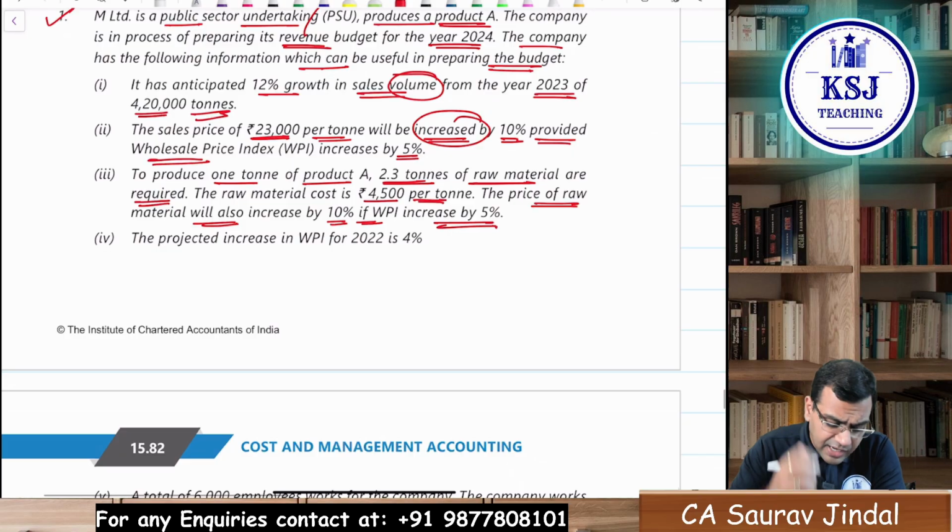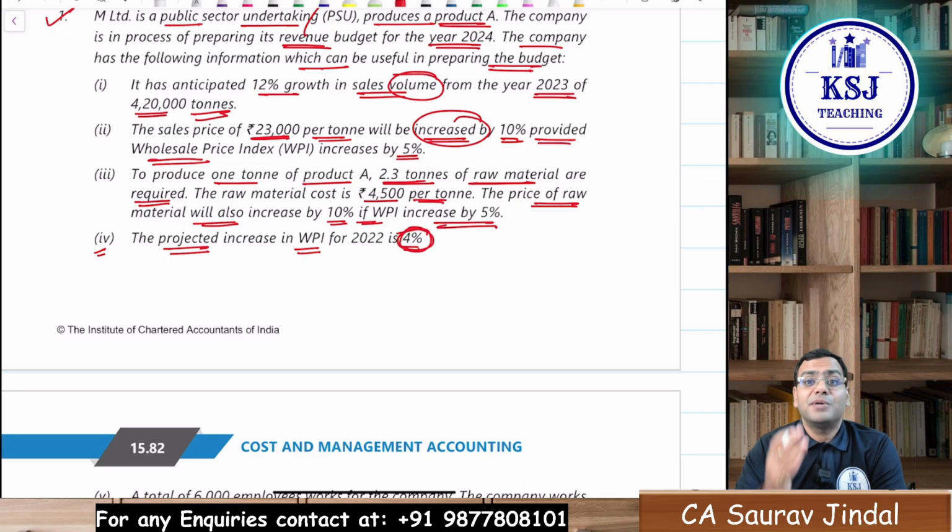Fine, sir. Now see the fourth point, very important. They say the projected increase in the WPI is 4%, not 5%. Now tell me whether this 10% is relevant, whether you will increase the selling price by 10%. No, sir. Now this becomes irrelevant because the WPI is not increasing by 5%.